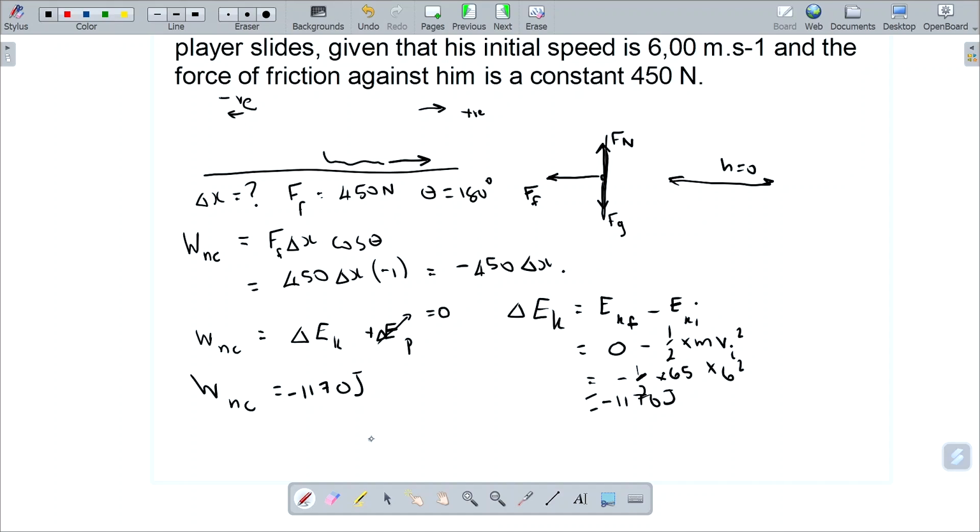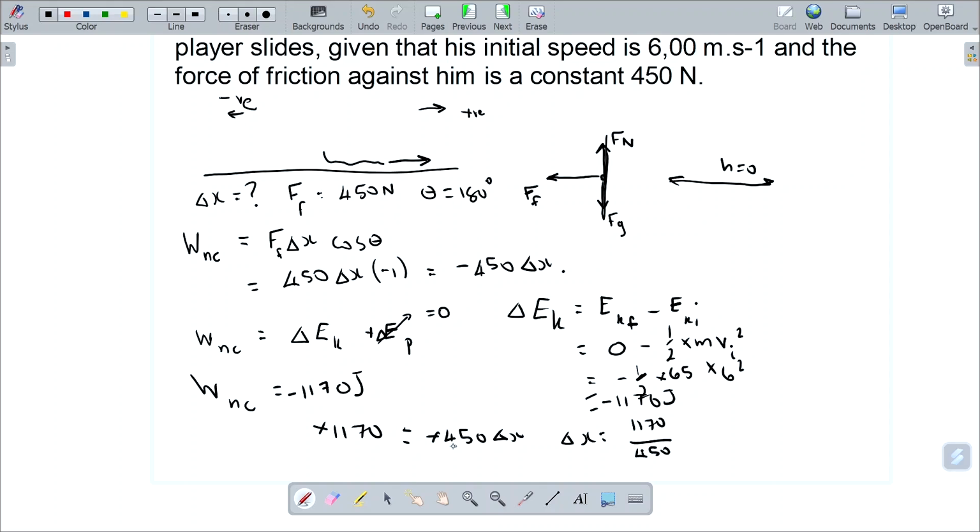Right, so now what we can do is equate these two, and we can say that minus 1,170 will equal minus 450 delta x. The minuses cancel out, and by rearranging the formula, we can say that delta x is going to be 1,170 divided by 450.